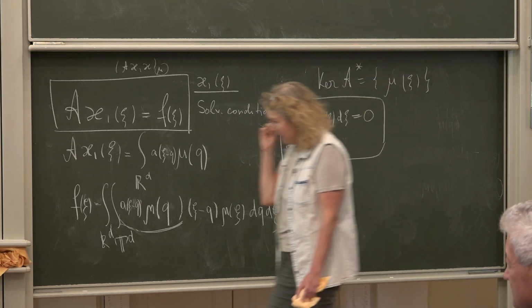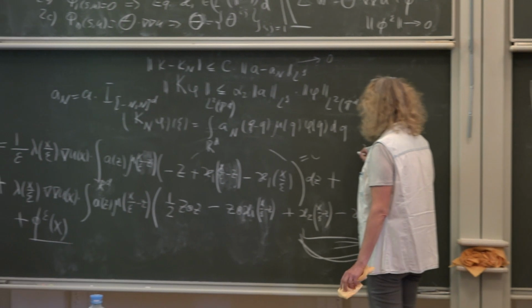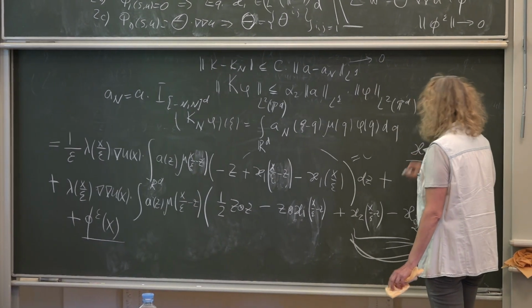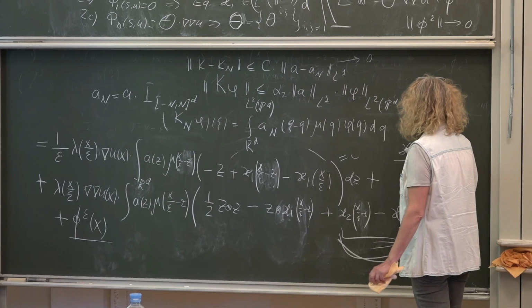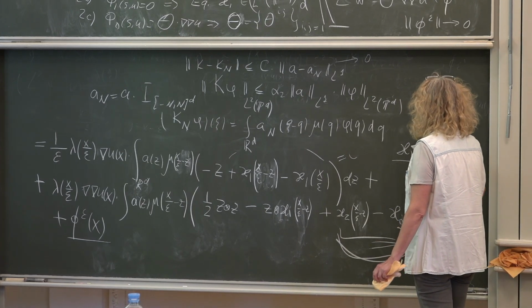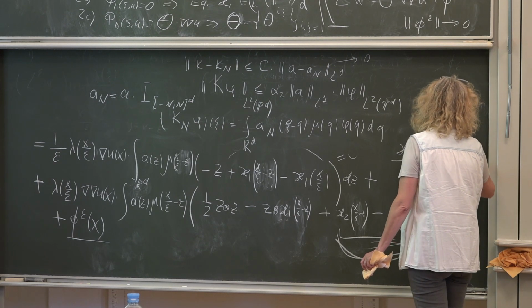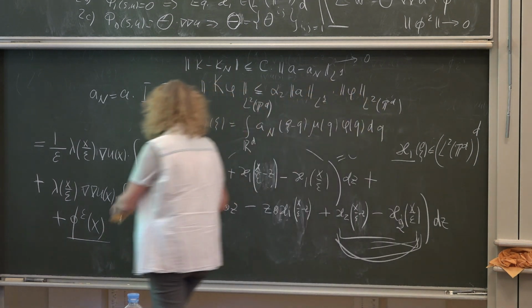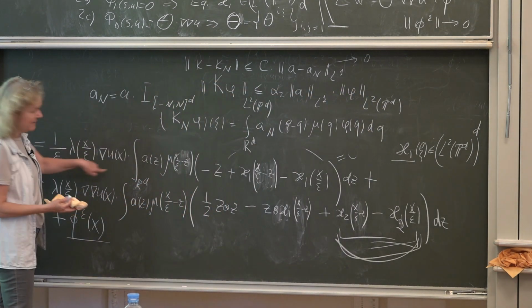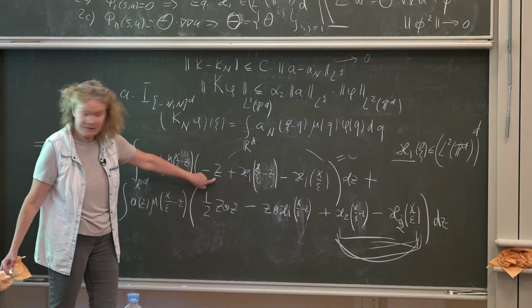In fact, I'm sorry. I should say that kappa 1, the first character, is a vector. It is not one function. It is an element of L2 Td d. Because of C, we have a vector here, here, and here.